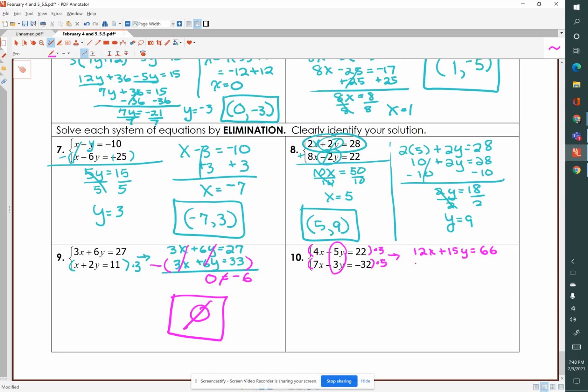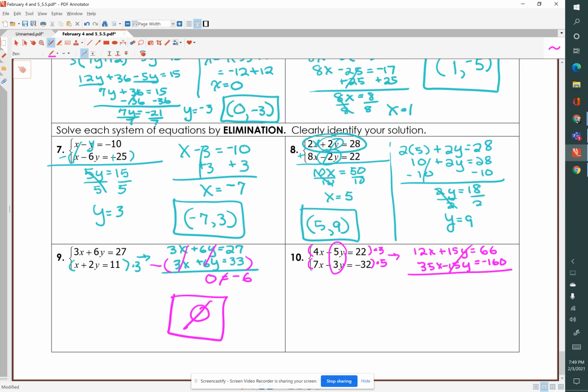And the second equation, 7 times 5 is 35. That's 35x minus 15y, because it's negative 3y, so that would be minus 15y equals negative 32 times 5, which is negative 160.